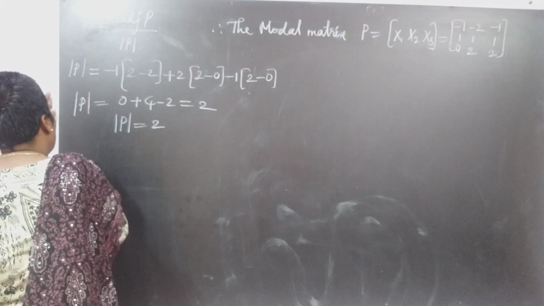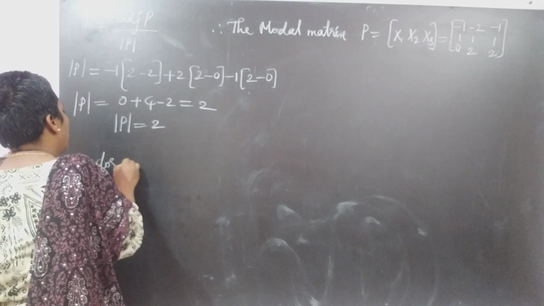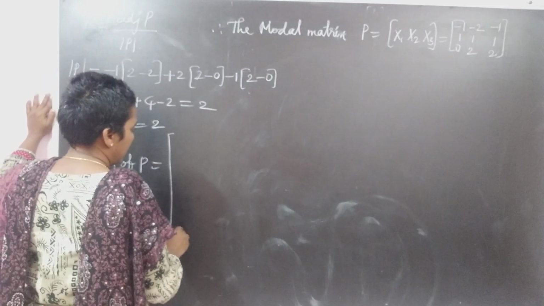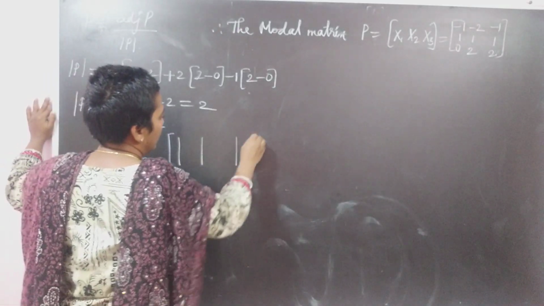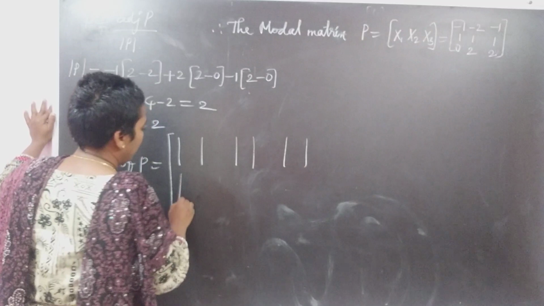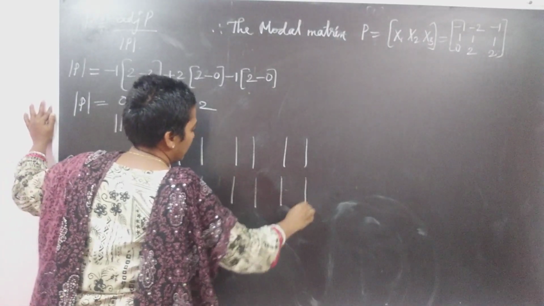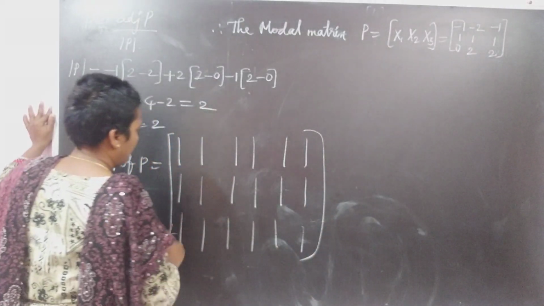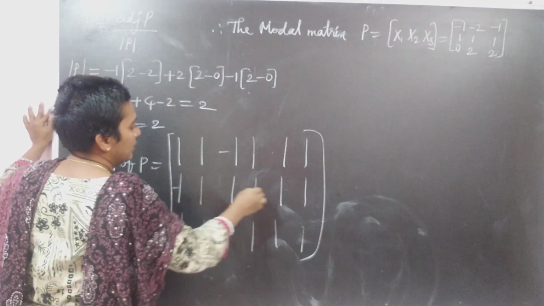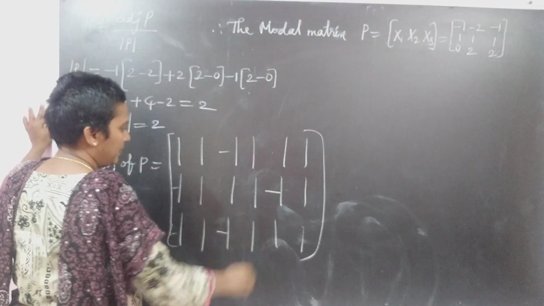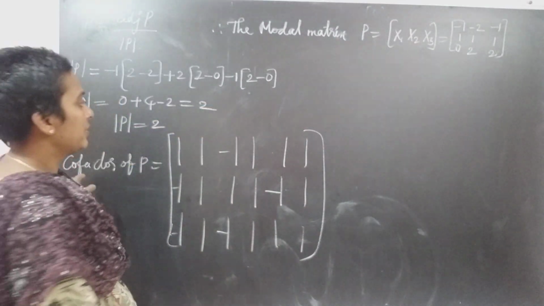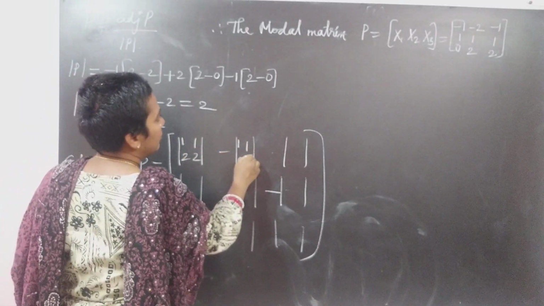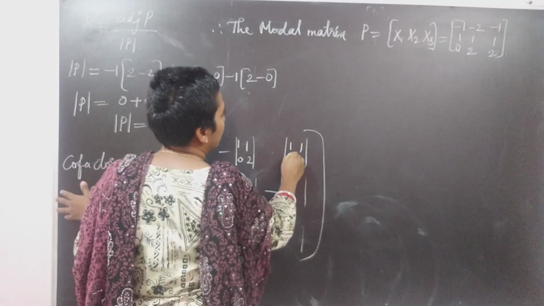Next, find the cofactor matrix. Cofactor of P is equal to the matrix of determinants of the minor matrices, with signs plus, minus, plus, minus, plus, minus, plus, minus, plus. Write the minor matrices: 1, 1, 2, 2, 1, 1, 0, 2, 1, 1, 0, 2.